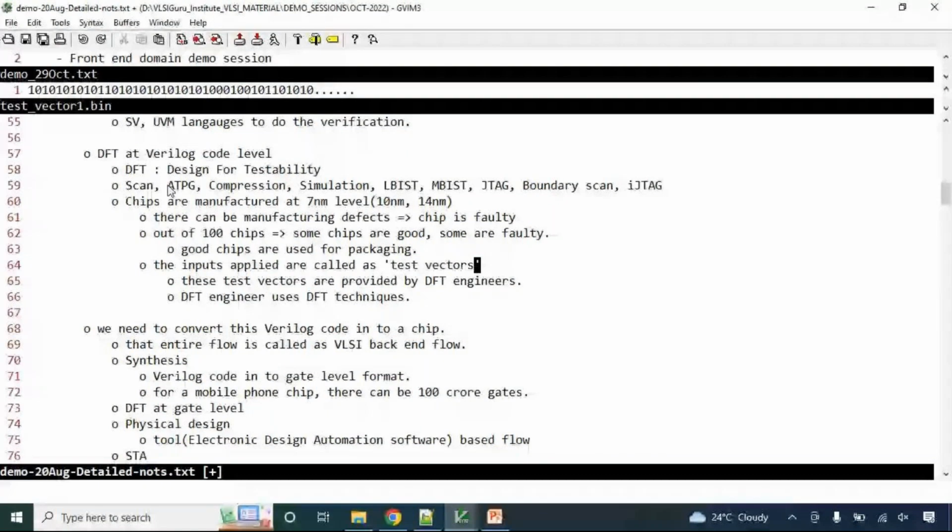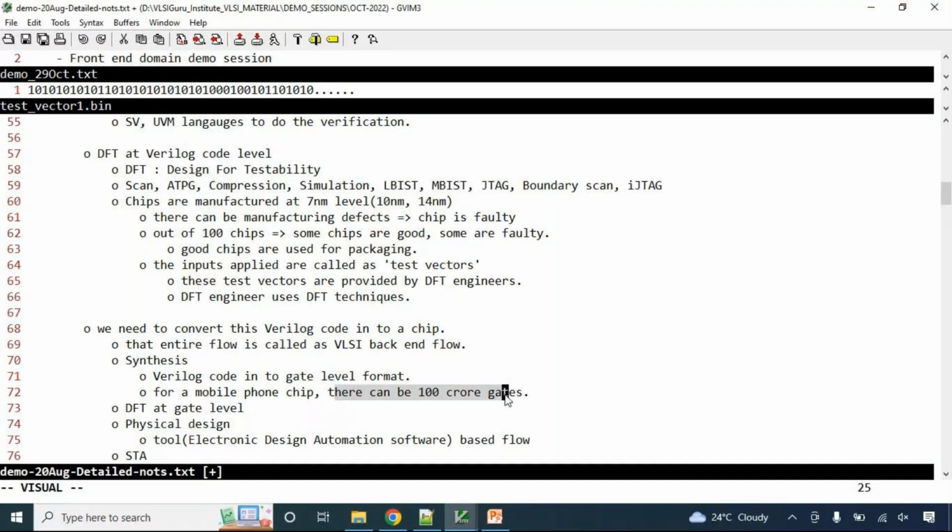Okay. Next, finally, this Verilog code needs to be converted into a chip, right? So there comes one important step called synthesis. What does synthesis do? It converts Verilog code into gate level format. Let's say for a mobile phone chip, there can be 100 crore gates. How many? 100 crore.